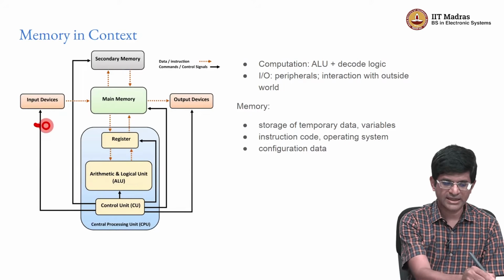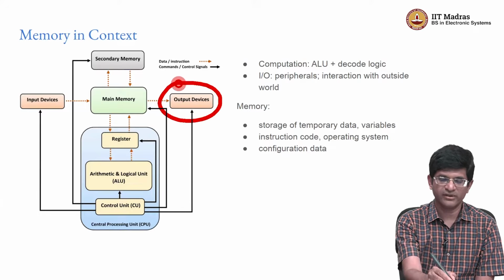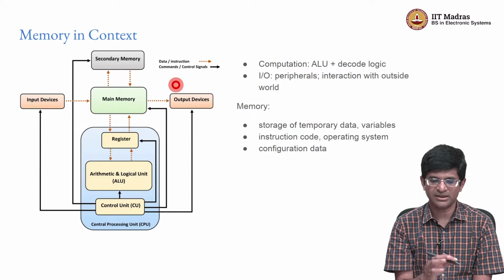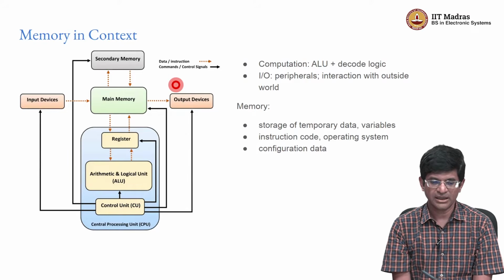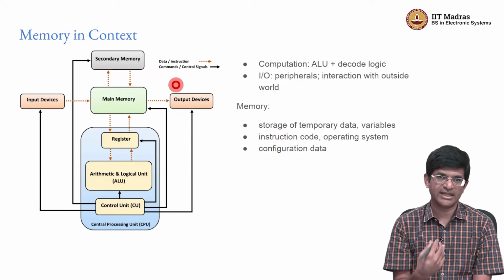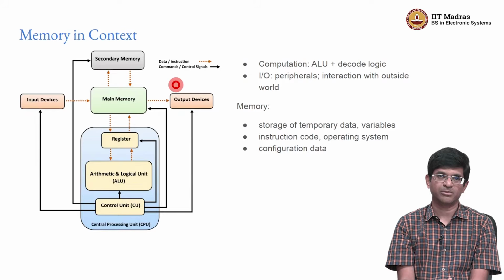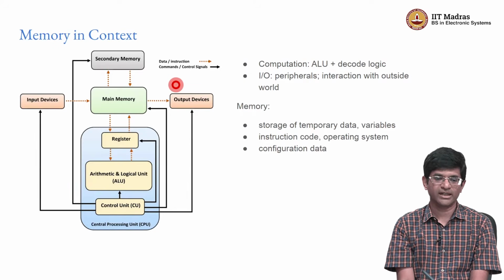You will also notice that there are input devices and output devices that look very similar, at least in terms of where they are connected to main memory, and that is intentional. As we will see later, the same techniques that we use in order to communicate with main memory are also useful for communicating with devices, that is the input and output devices.